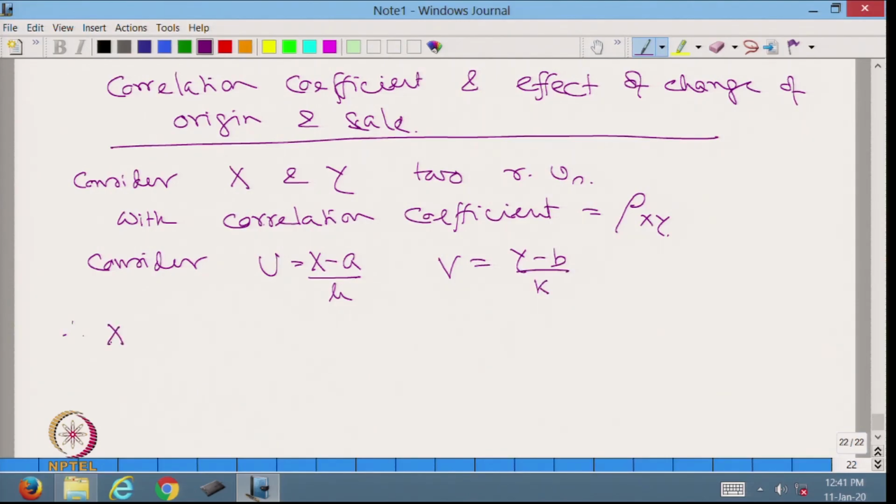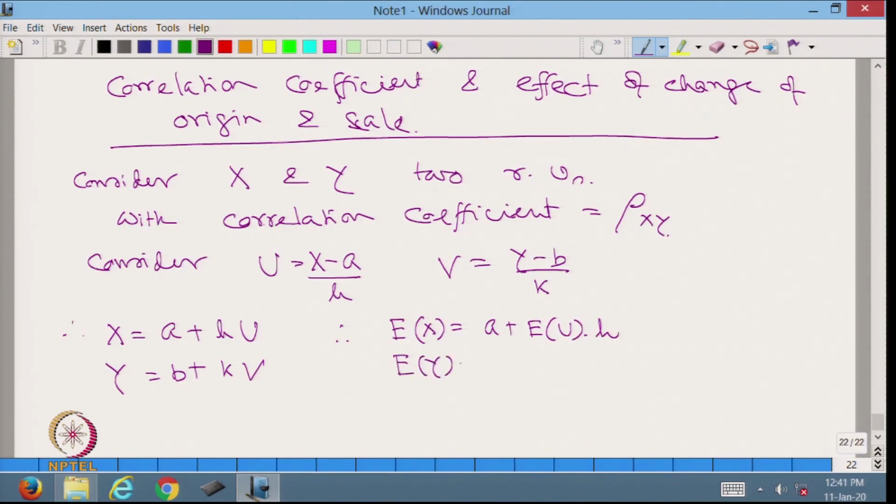Therefore, x is equal to a plus h u and y is equal to b plus k times v. Therefore, expected value of x is equal to a plus expected value of u multiplied by h and expected value of y is equal to b plus expected value of v multiplied by k.